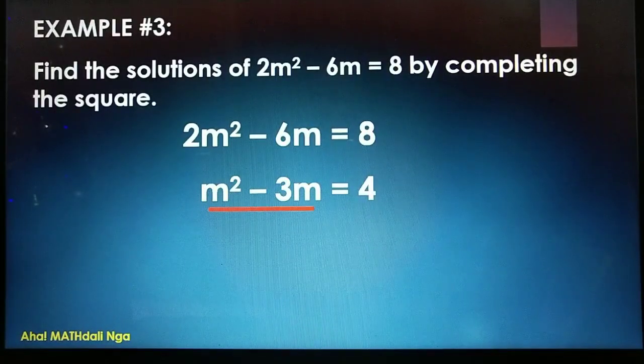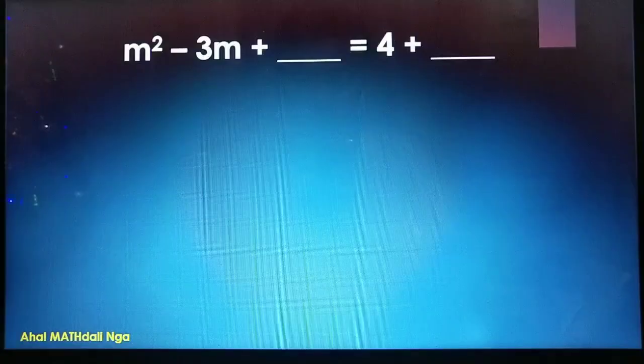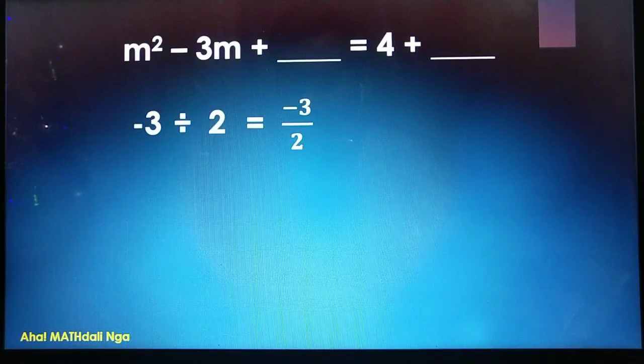We will now make this expression m squared minus 3m a perfect square trinomial. Let's find the missing term. We will use the value of b, which is negative 3. Then divide it by 2, that is equal to negative 3 over 2.